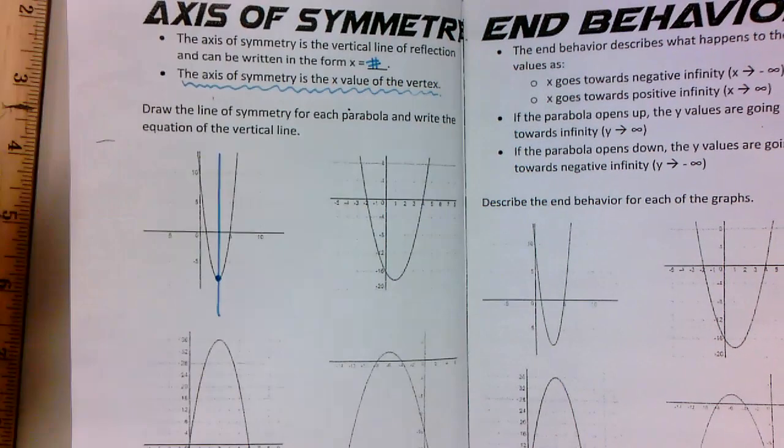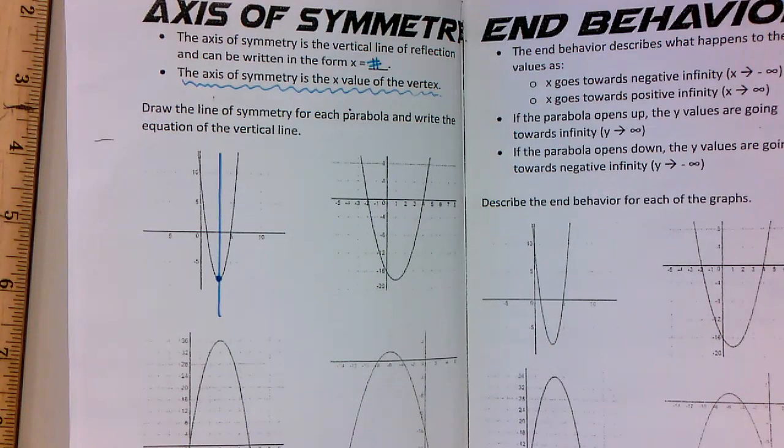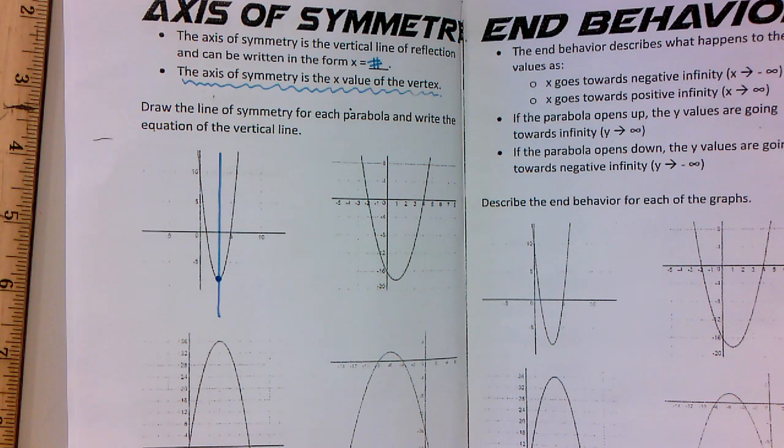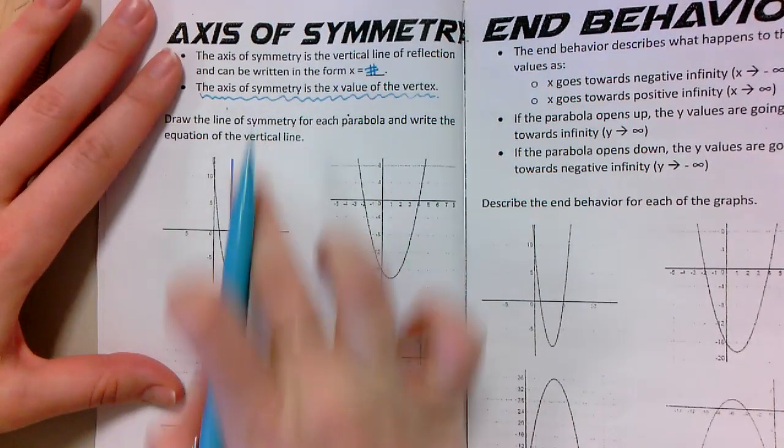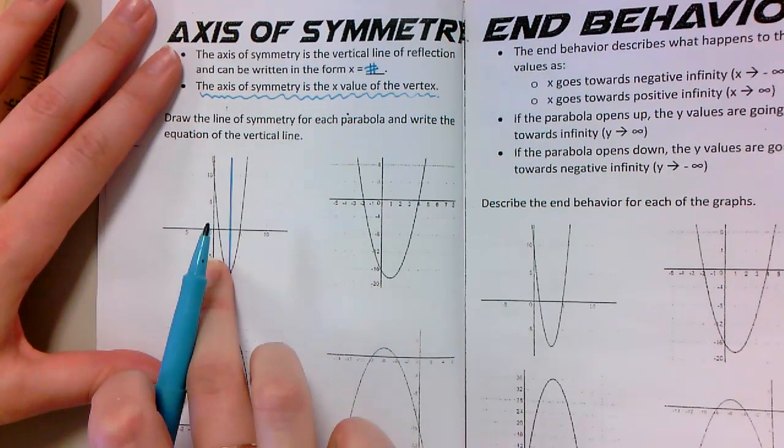Because the vertex is the highest or lowest point, and since we're doing a parabola, it's symmetrical. You know, however it moves on the left side is exactly how it moves on the right side. Your U isn't going to be lopsided. So if you find that middle point, whether it's the highest or the lowest point, if you can find that vertex, your axis of symmetry runs right through the middle. And again, this side of the graph is symmetrical to this side.